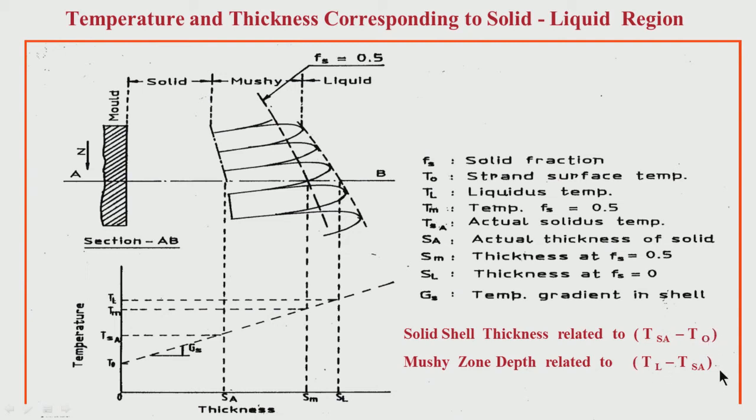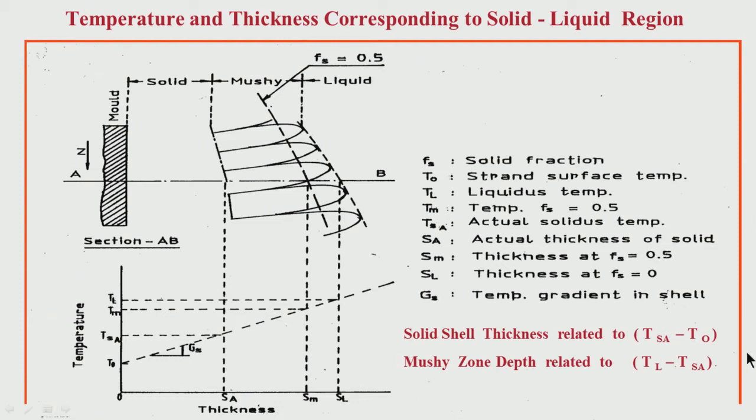So, what is happening? During segregation, if TSA is suppressed, TSA comes down, so difference between liquidus and actual solidus increases. This difference increases means the mushy zone depth, SL minus SA, this depth also will increase.